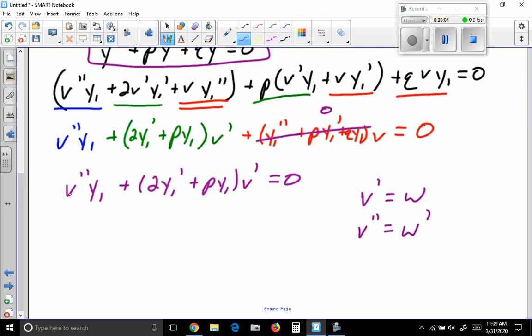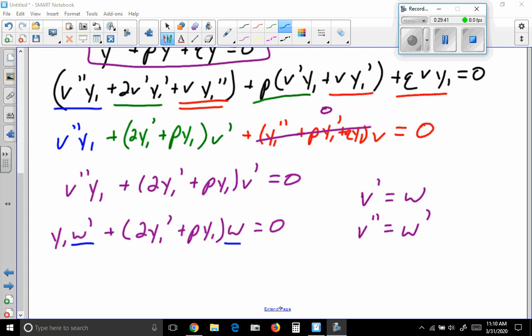So out front, let's call this y1 w prime, and then we have 2 y1 prime plus p times y1 times w equals 0. So with w prime and w there, this is first order. We're looking for w, because if we get w, then we can get v. This is first order, and it does turn out that this is going to be separable.